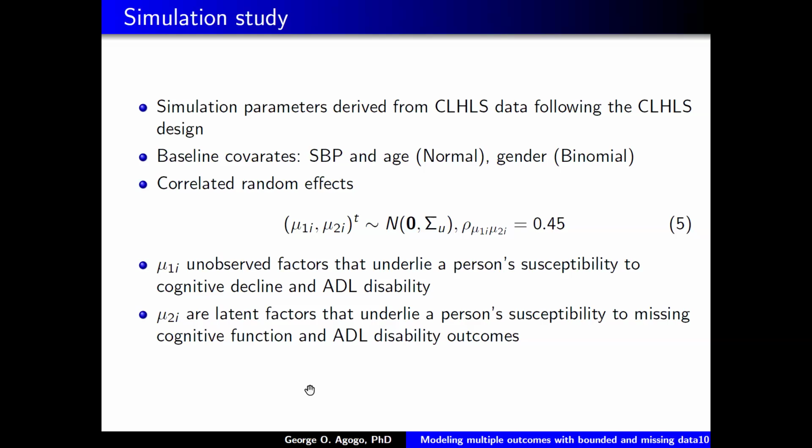So basically, I did a simulation by mimicking this Chinese longitudinal healthy longevity study using the parameters shown below, where mu1 are the unobserved factors that underlie a person's susceptibility to cognitive decline and ADL disability, and mu2 are latent factors that underlie a person's susceptibility to missing outcomes.